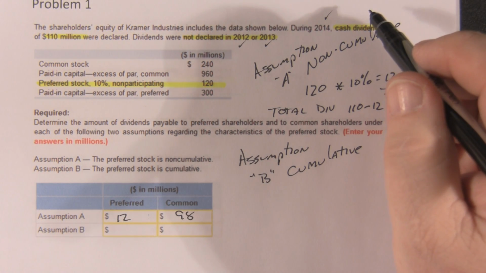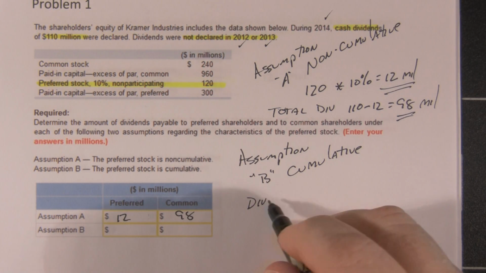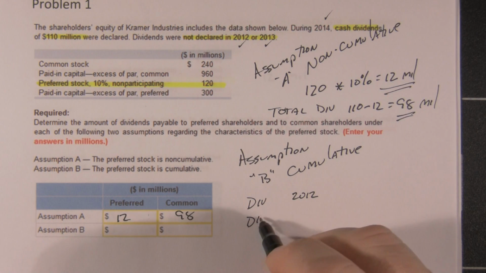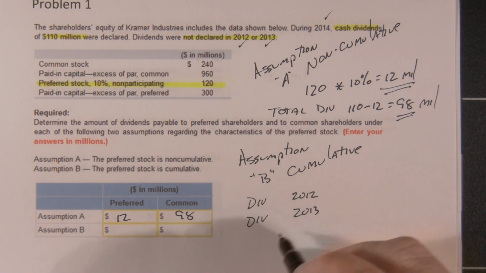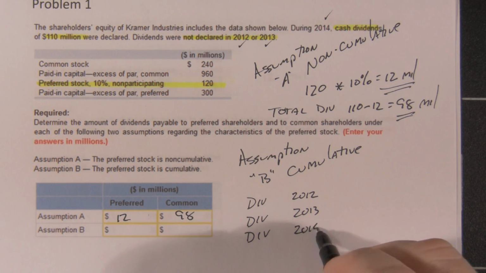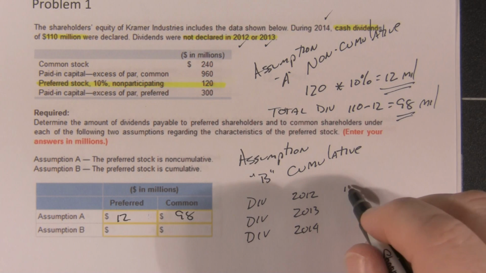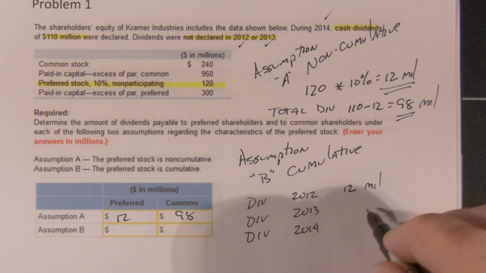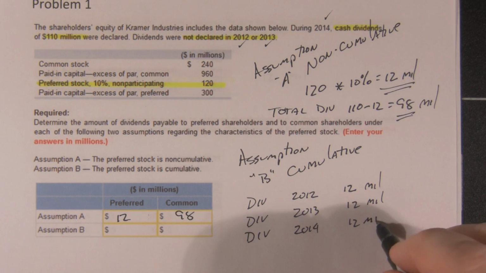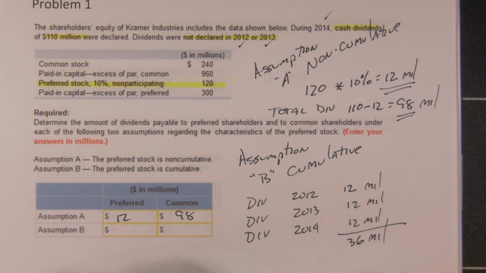Because the preferred shares are cumulative, they're entitled to a dividend from 2012, a dividend from 2013, and this year's dividend from 2014. So as we talked about in Part A, every time there's a dividend declared, 12 mil goes to the preferred shareholders. So altogether, they get 36 mil.